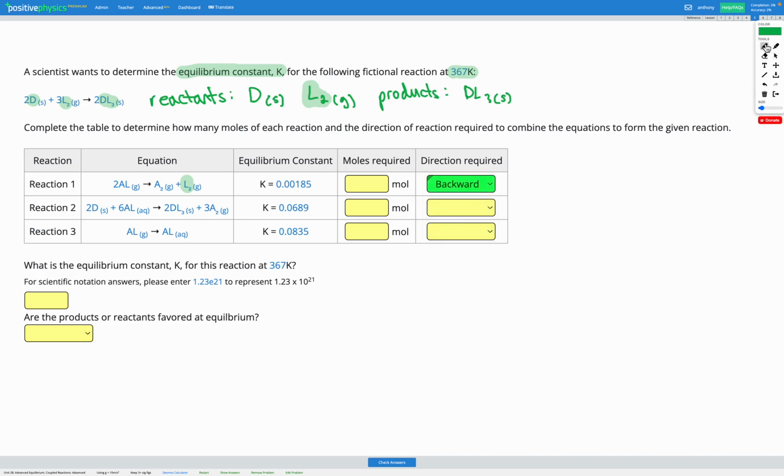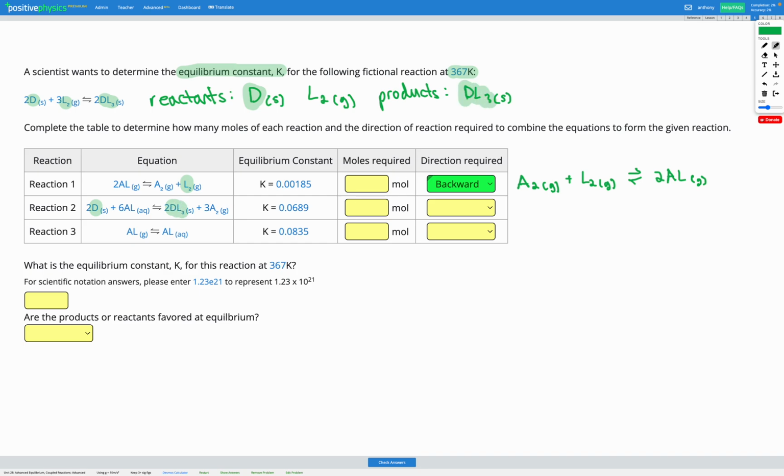We can write that equation down backwards. A2 gas plus L2 gas gives 2AL gas. In step 2, we've got D, which appears in our goal reaction in our reactants, and we've got DL3, which appears in our goal reaction in our products.